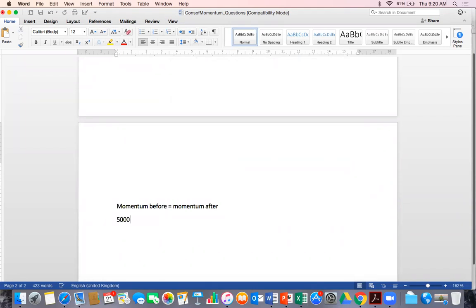So the van, mass times velocity, plus the mass of the car, which I don't know, x, times 0, which is 0. And then the total momentum after, because they stuck together, is 5,000 plus x, which is the mass of the car, times 6, because 6 is the velocity. So you want to find what x is.